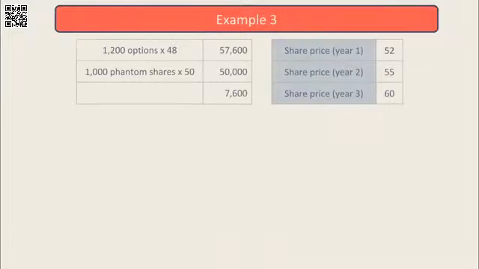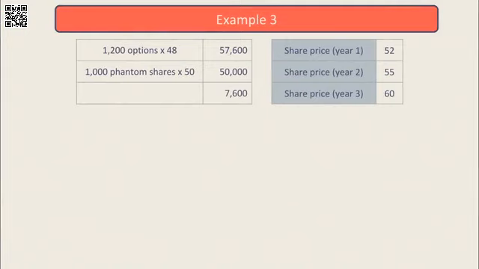In this example, assume that a member of staff can either have 1,200 options or 1,000 phantom shares, in other words, the cash equivalent of the share price. The shares at the grant date are trading at £50, and the fair value of the share option is 48. Potentially, the entity has to stand ready to honour an obligation of 1,000 times 50, equaling £50,000.